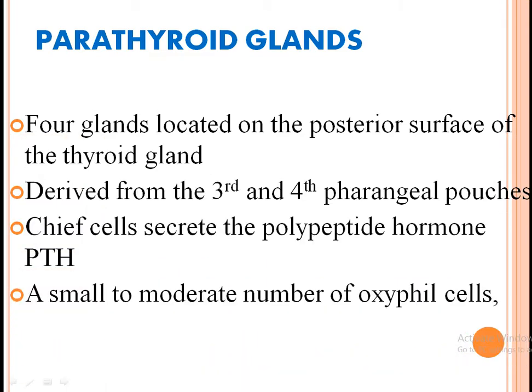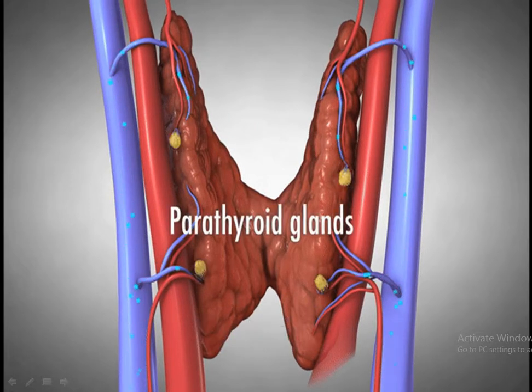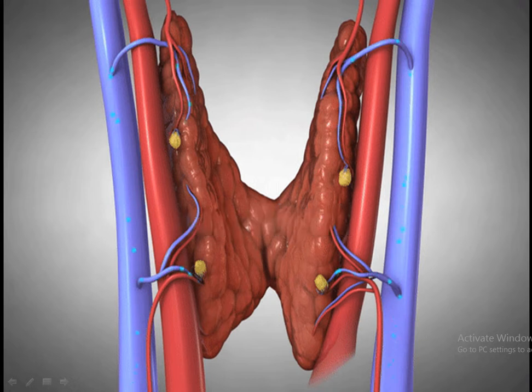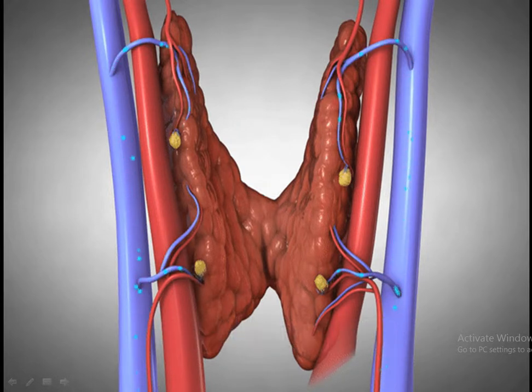Parathyroid glands are four in number and they are located on the posterior surface of the thyroid gland. Through this animation you can see the location of the parathyroid glands.